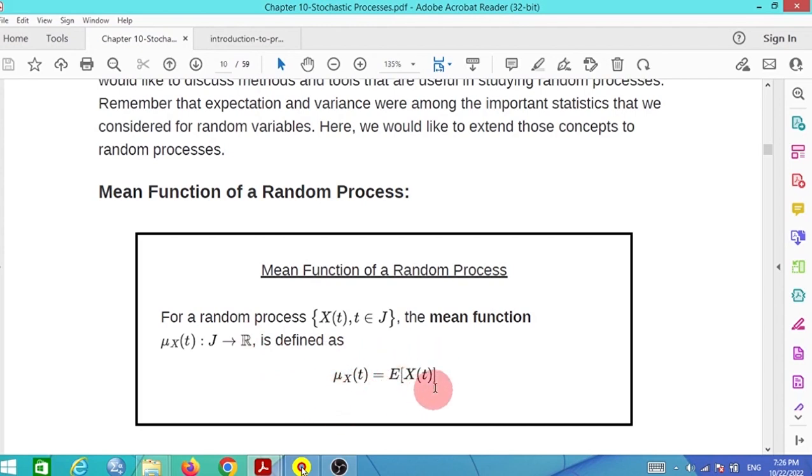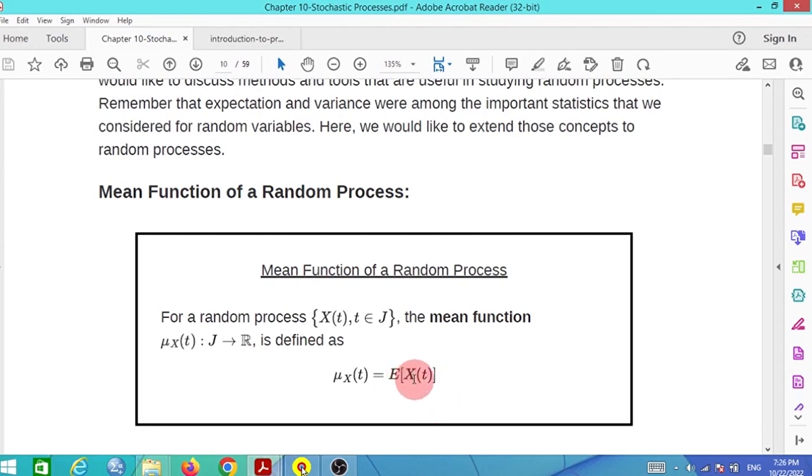The meaning of this is to multiply x by the density function and take the integral if x is continuous.